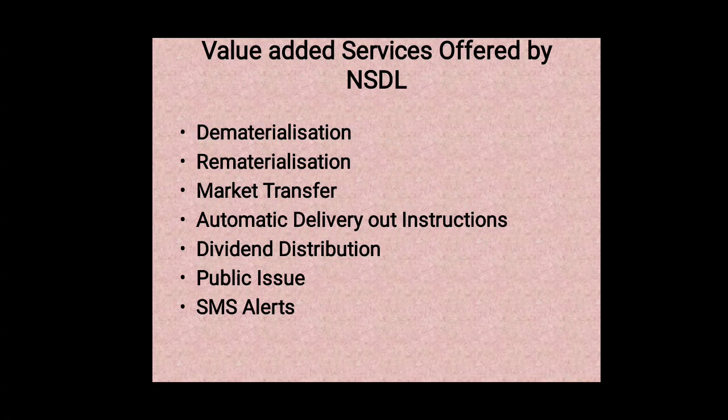Then next, dividend distribution: whatever corporate cash benefits, such as dividends to shareholders, will get credited directly to your demat account. Then you have public issue: trades of public shares will be held only in demat form, and there is even a SEBI guideline that if anybody is going for an IPO worth a minimum of rupees 10 crore, they have to go for a dematerialized form of shares.